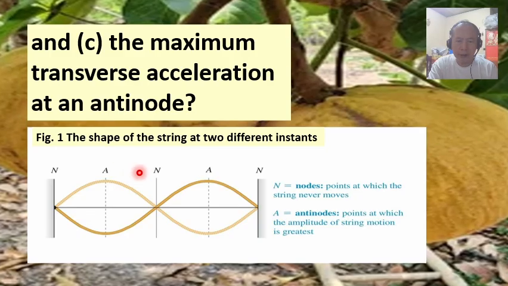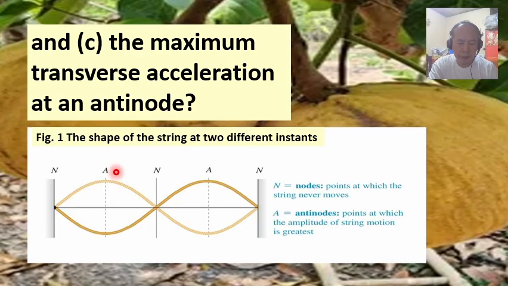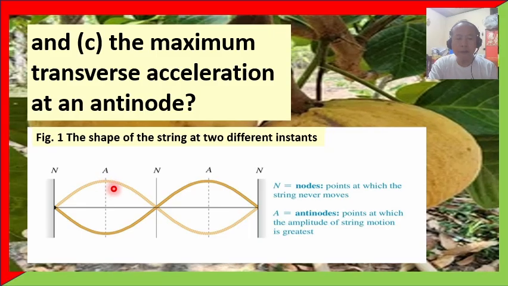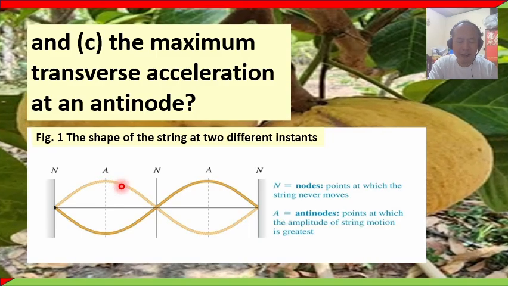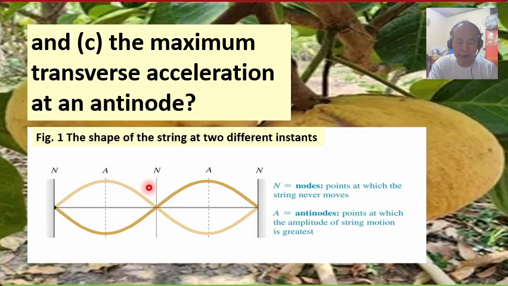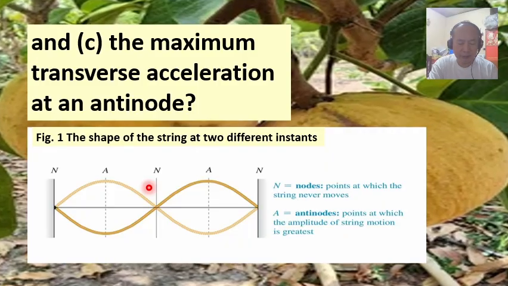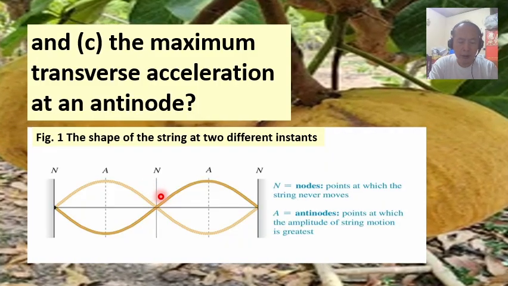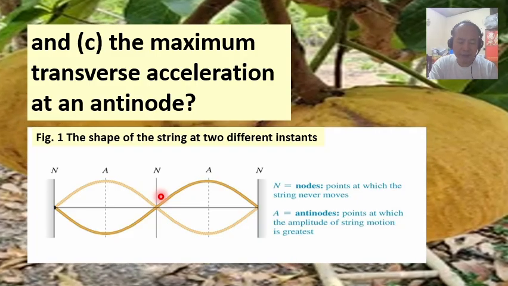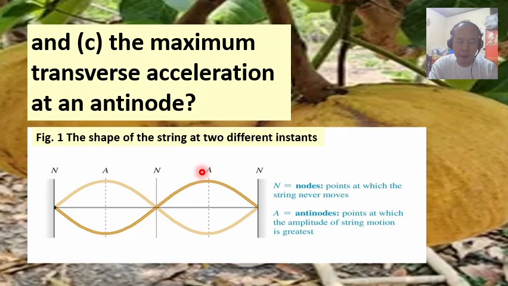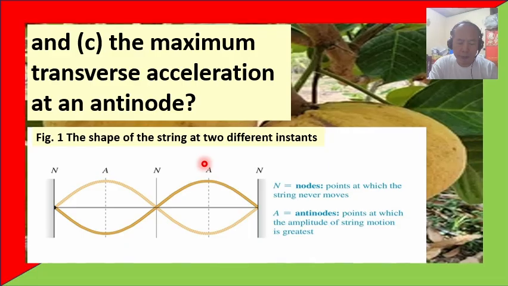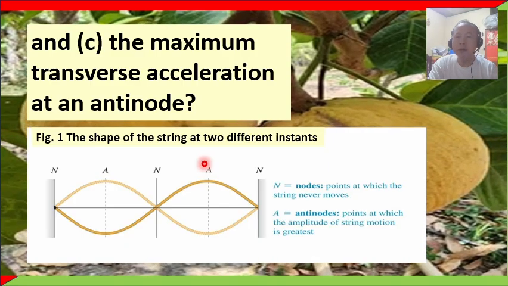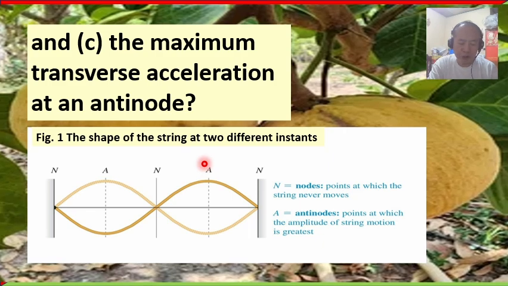As shown in the figure, we have the representation of the shape of the string at two different instants. Notice that both ends of the string are fixed, and so they are at rest, and the midpoint between them is also at rest or at the equilibrium position.